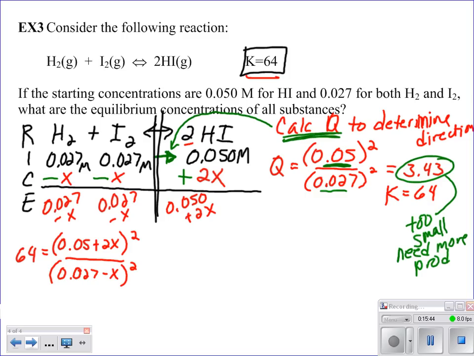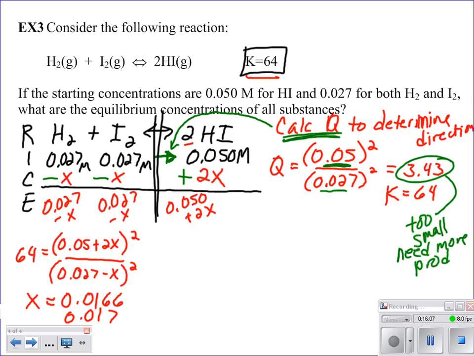And then you go through this. I'm not going to show you all the math for this. I think you guys can go through this and calculate it. But when you do, you should get x equals 0.0, I think it's 166. So you could probably just say something like 0.017. So that's what you get for your x value.